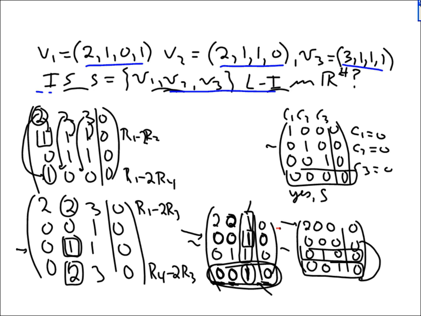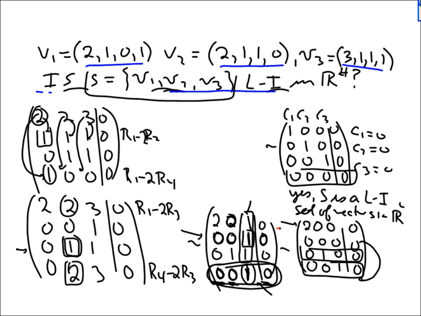S, just looking for the name of the set, we called it S. S is a linearly independent set of vectors in R form. But just S is a linearly independent set is enough. The coefficients, the scalars, had to all be 0.